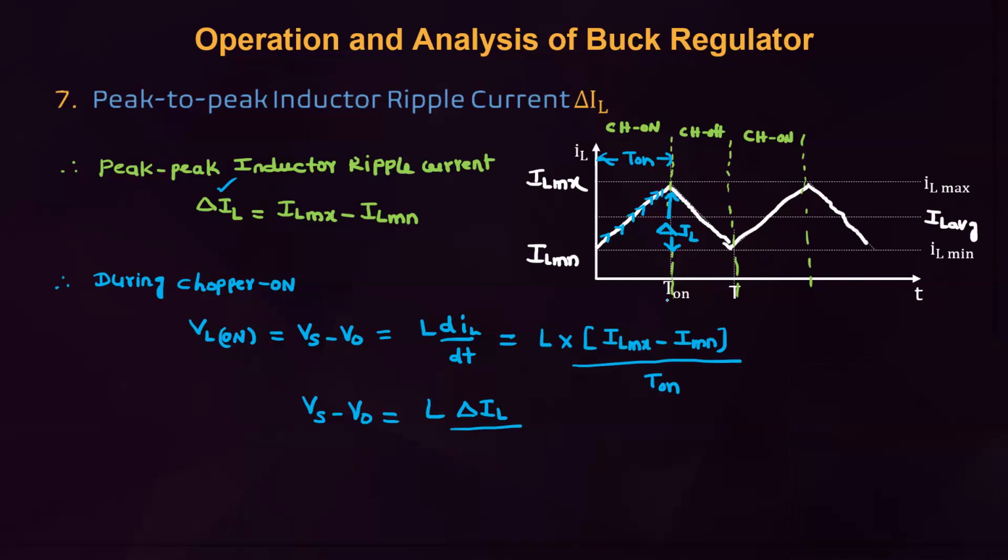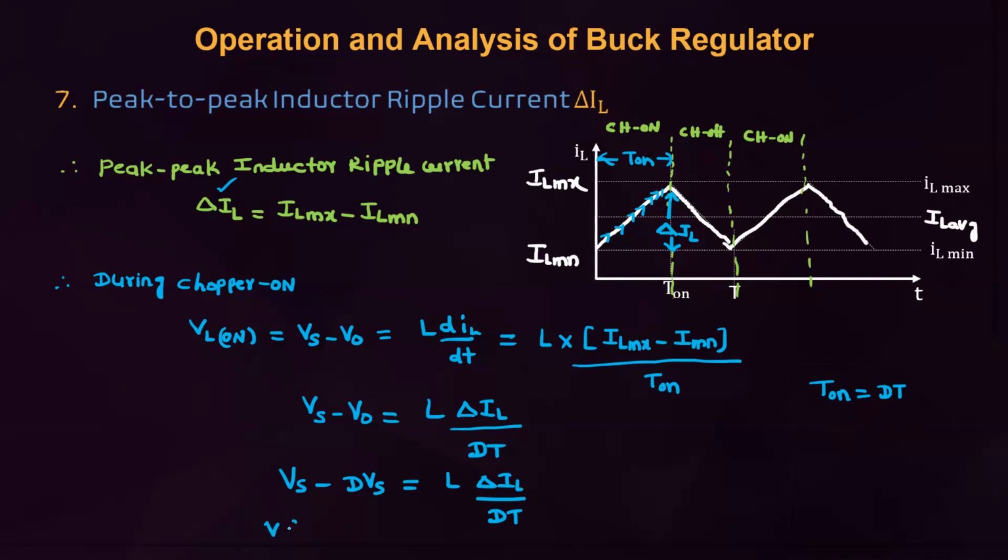By considering chopper off also, you can derive the same formula. T on equals dt. I think all of you know this. Then Vs minus V0, and V0 is dVs, so Vs minus dVs equals L into delta IL by dt.